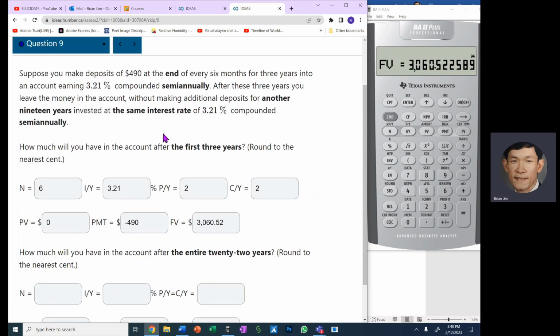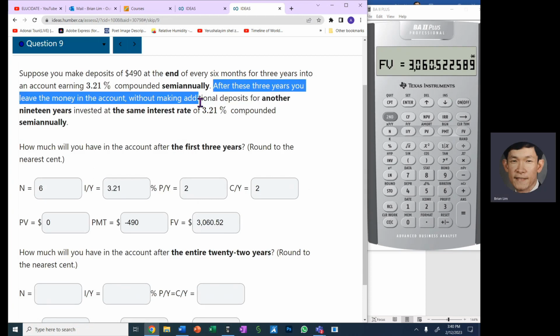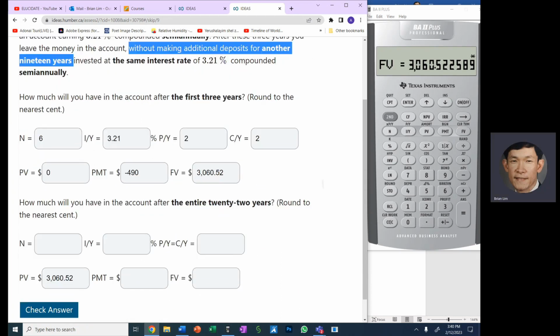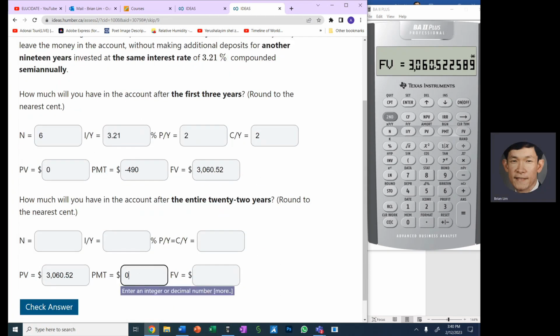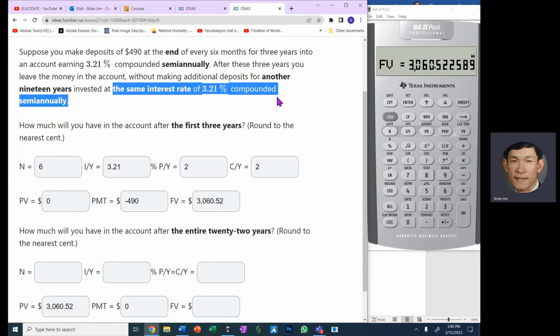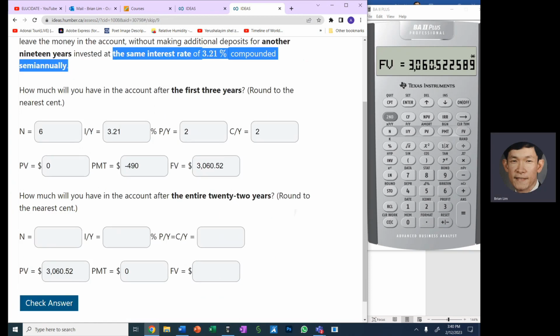Now, the deposits stop after these 3 years. You leave the money in the account without making additional deposits for another 19 years. Since there are no more deposits, the payment will become 0 now, and that part will be there for 19 years, invested at the same interest rate of 3.21 compounded semi-annually.